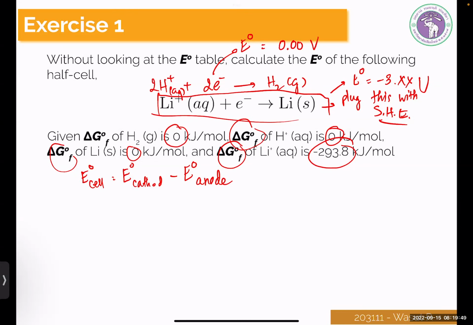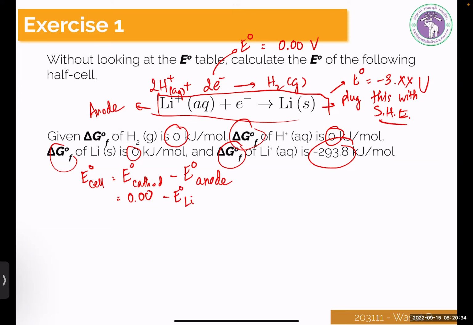So the lithium half cell will be my anode, whereas the SHE will be my cathode for sure. So this thing equals 0.0 as E naught of the cathode, which is the E naught of the SHE, minus the E naught of the lithium half cell, right?